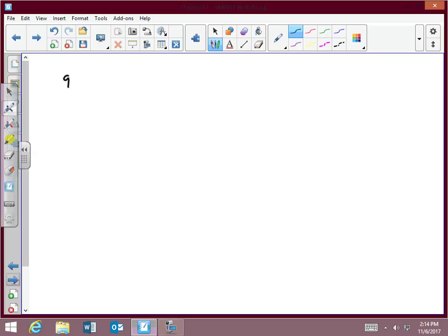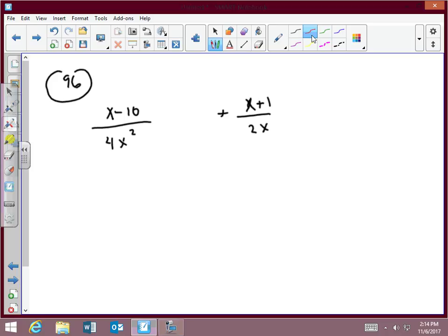I'll look at 96. It says x minus 10 over 4x squared plus x plus 1 over 2x. Now you want to prime factor your denominators. This is 2 squared x squared, and this one is prime. Least common denominator: it has to have a 2 squared and an x squared.